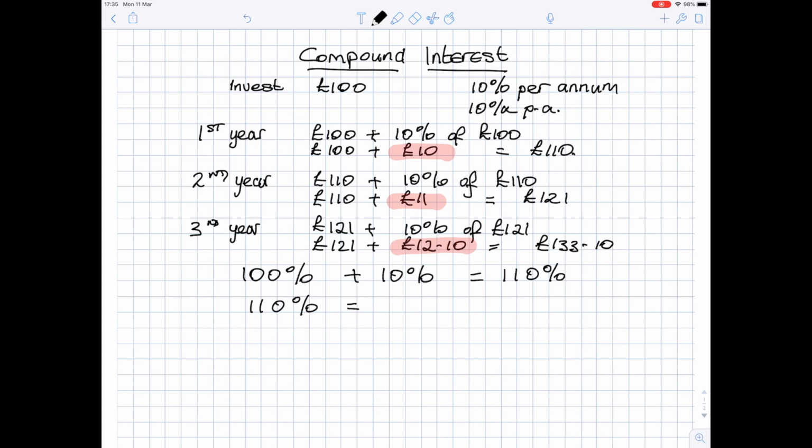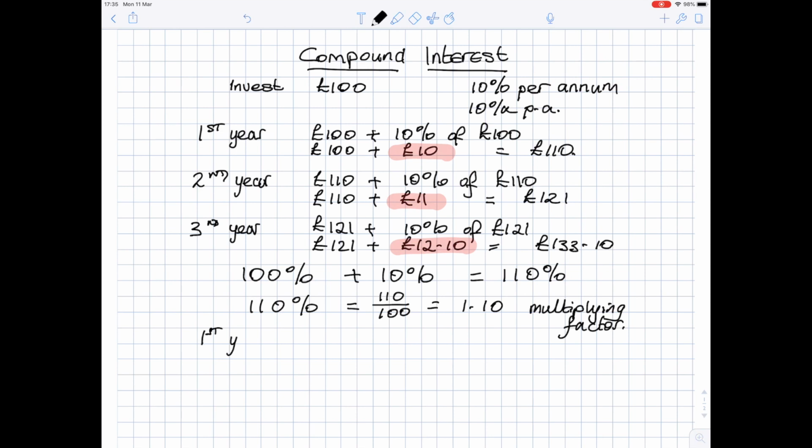So 110% is 110 divided by 100, which is 1.10. This 1.10 is called a multiplying factor. And if we multiply our basic amount by 1.10 every year, it will give us how much you've got at the end of the year.